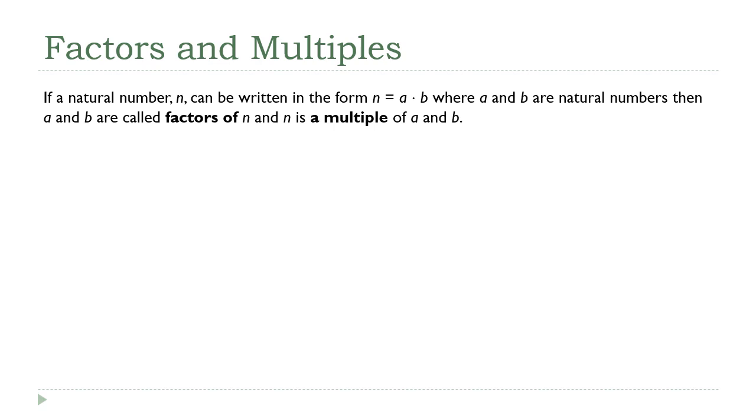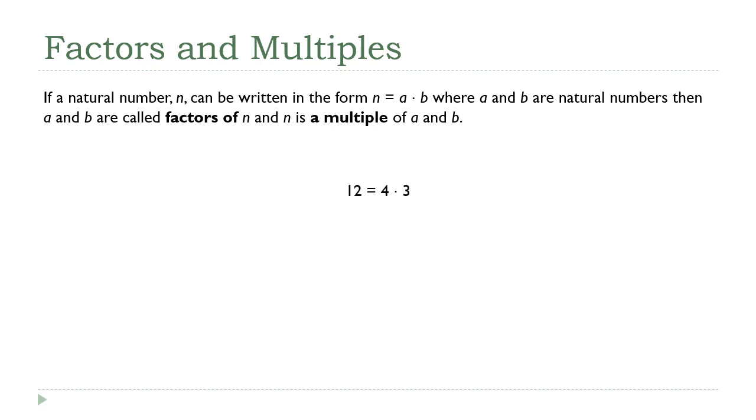I know that this seems like a very fussy, mathy definition, but it's really not. It's something that you've probably already seen before. It's this idea of a factor versus a multiple, right? And the idea is if I can take a natural number, say 12, and rewrite it as the product of two smaller natural numbers, those two smaller numbers are factors of the original one.